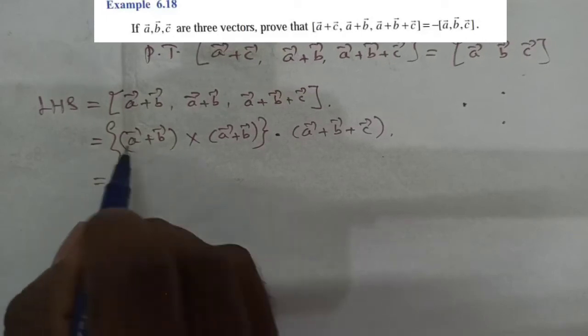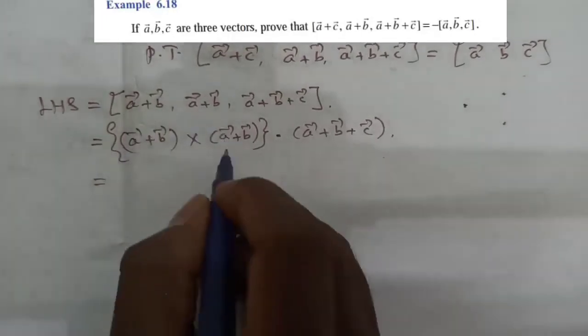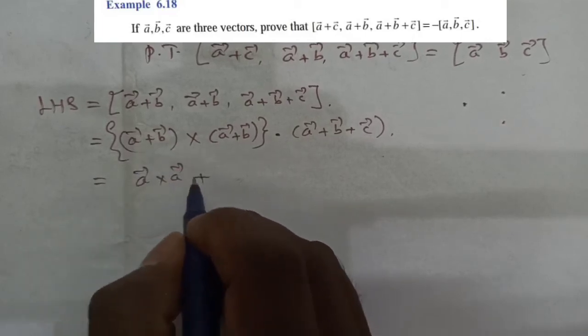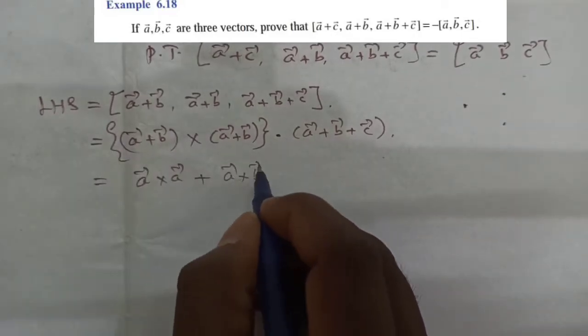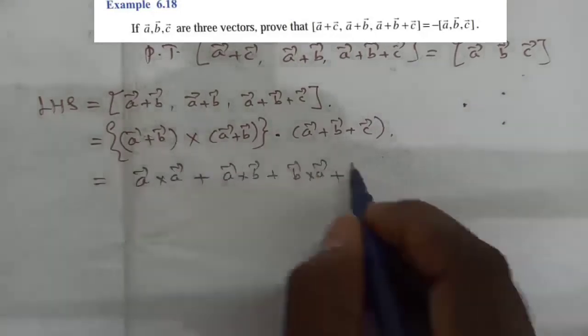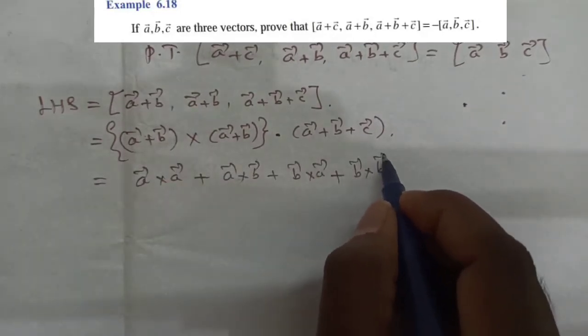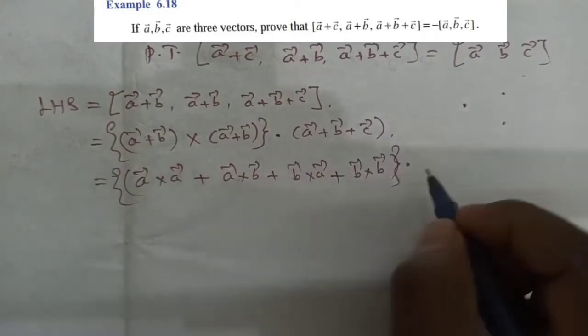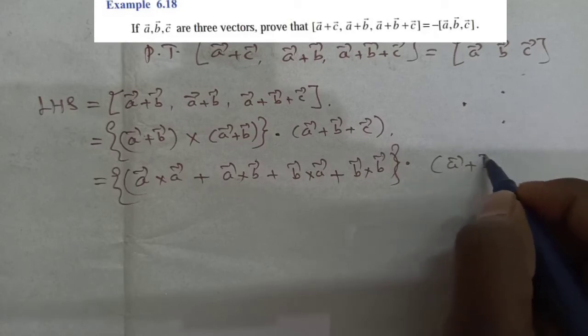So let me take the cross product. So A vector cross A vector, next plus A vector cross B vector, next plus B vector cross A vector, next plus B vector cross B vector, dot A vector plus B vector plus C vector.